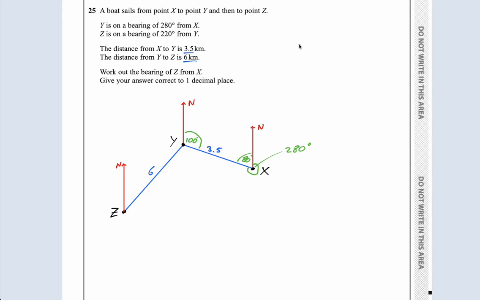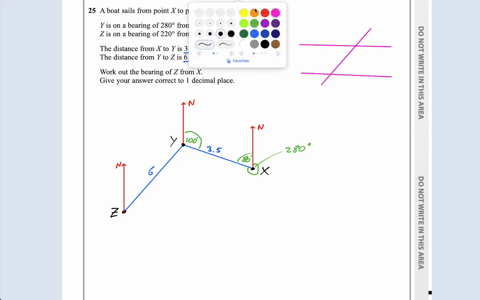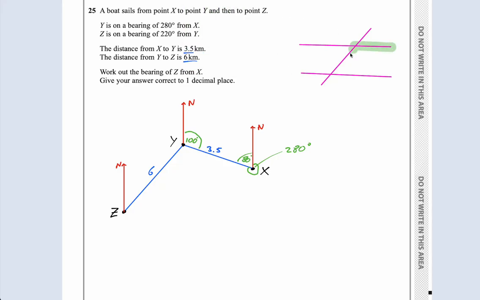You may remember this from C angles. Sometimes it's called C angles. It's like this. So these two add up to 180. Okay, so this is 100. Now, remember what I said, guys. The big one from here to here was 220.